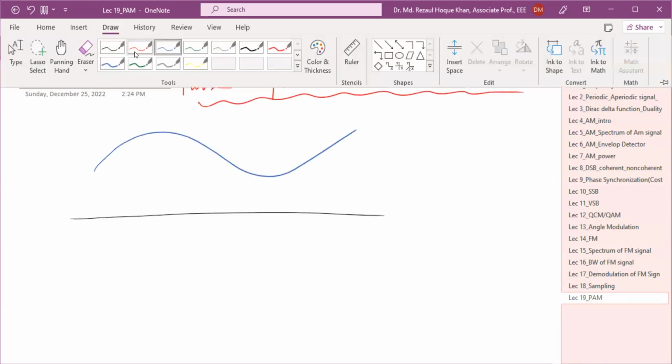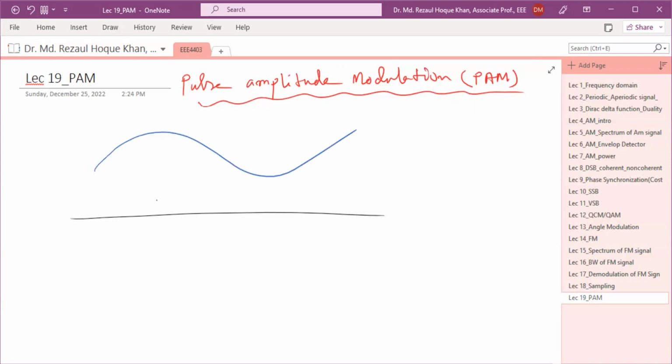In impulse based sampling, we have impulses at every TS, a train of impulses with spacing TS.